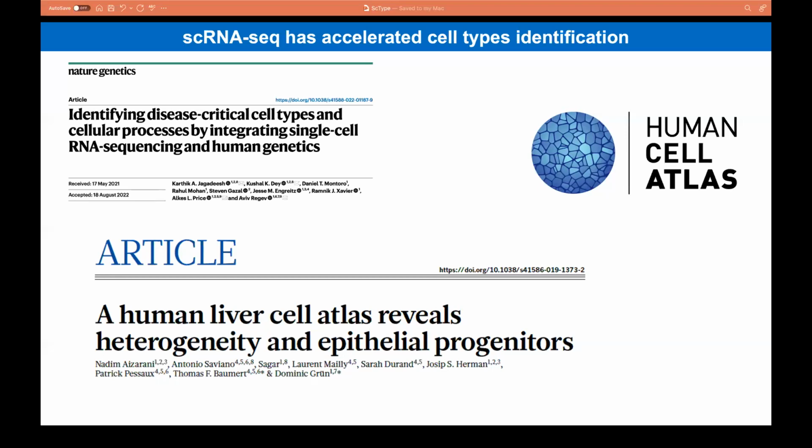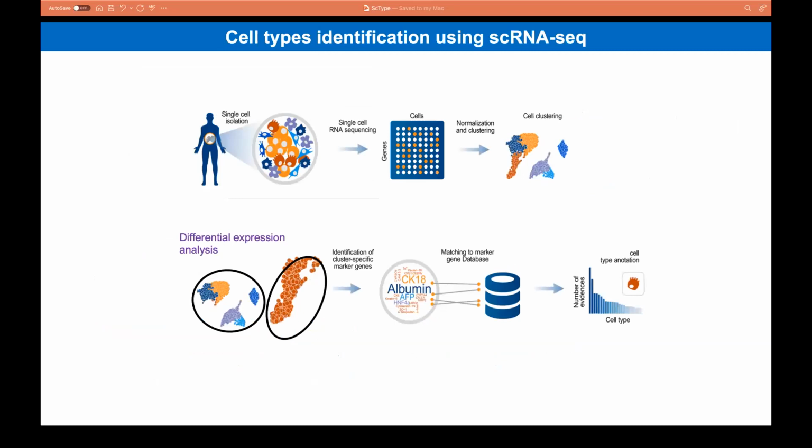For example, some of these recent papers, the first one in Nature Genetics, showing how single cell sequencing can help this process. And the second paper is a little bit older, from 2019, I think, which characterizes the different cells in human liver tissue. This technology is really nice, and many of you, I'm sure, might be using it.